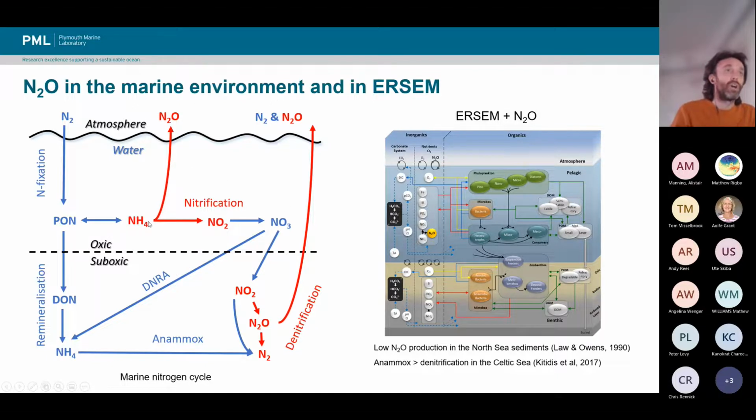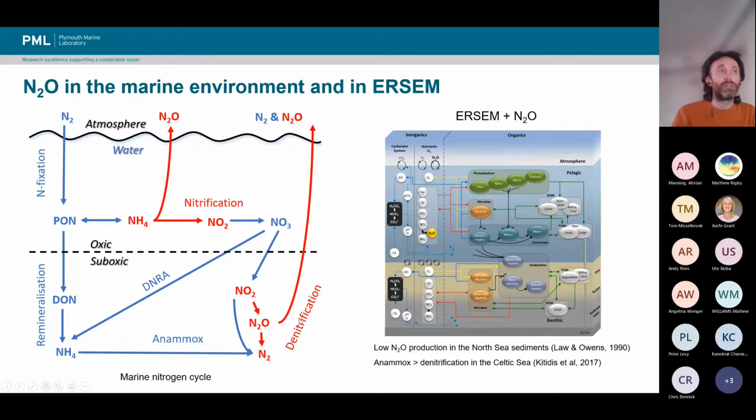In the water column, so in the pelagic environment, we included the production and then emission of N2O during the nitrification process. And for the benthic component, it is only the one during the denitrification process.